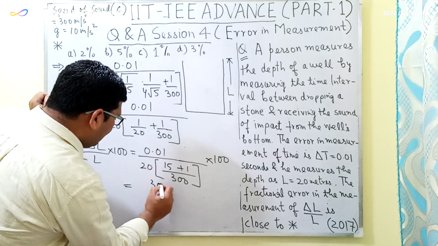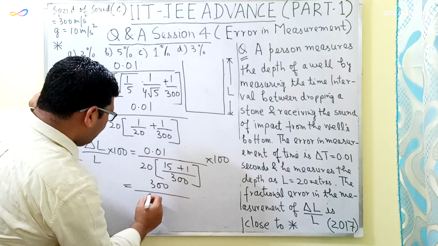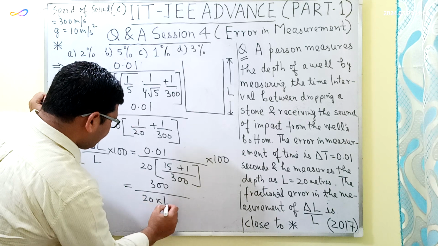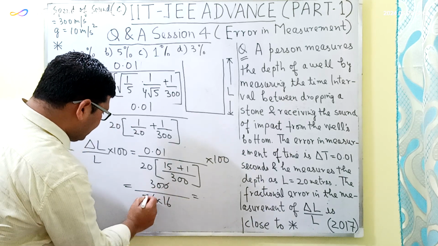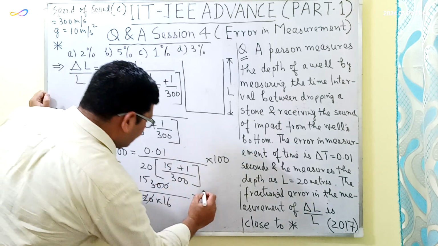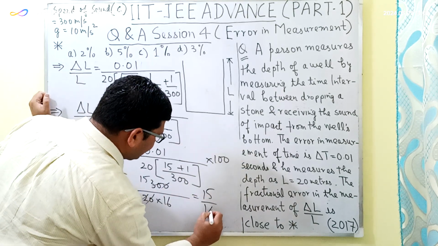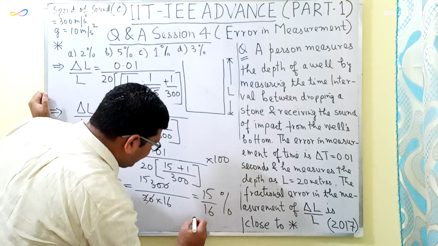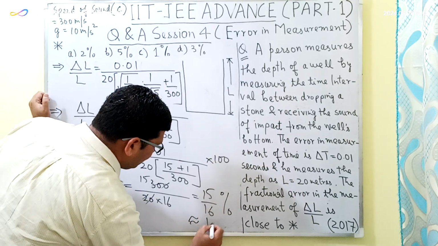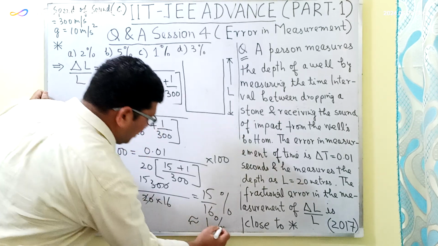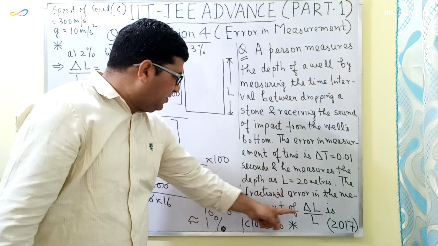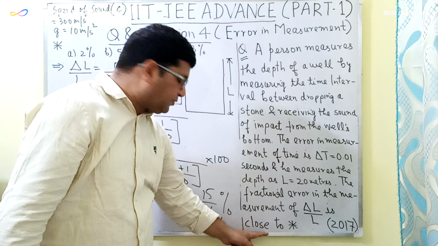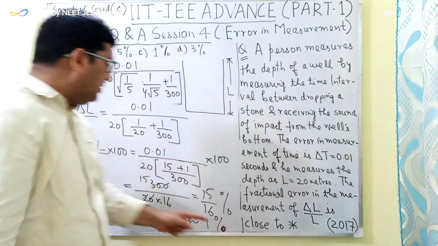So 300 divided by 20 into 16. So this is equal to how much? This cancels out, 15. So this is equal to 15 upon 16%, which is very, very close to 1%, because here the fractional error in the measurement of delta L by L is approximately equal to that.